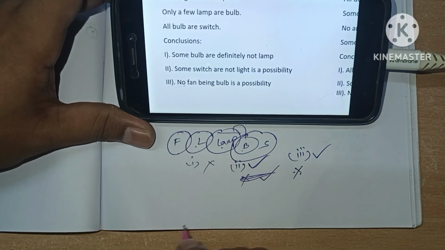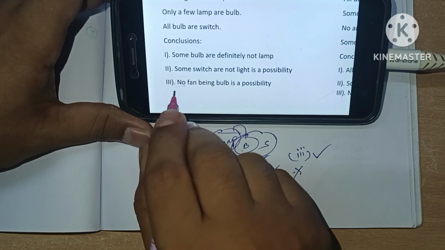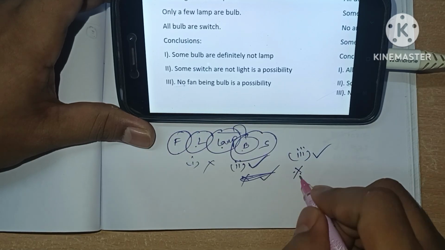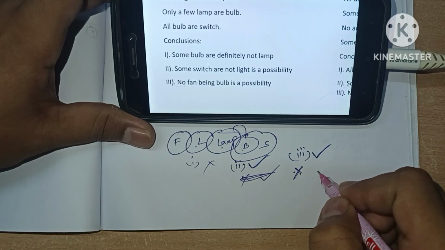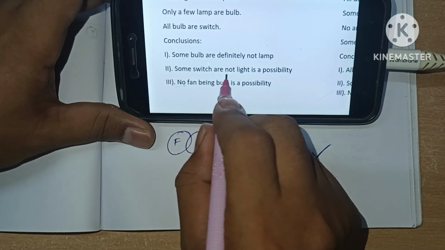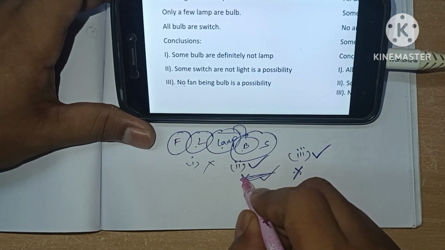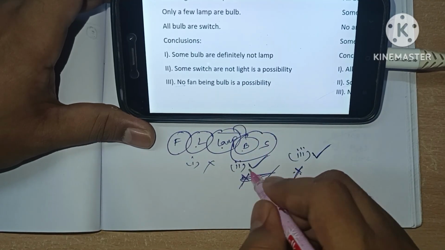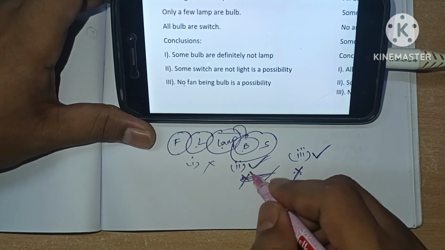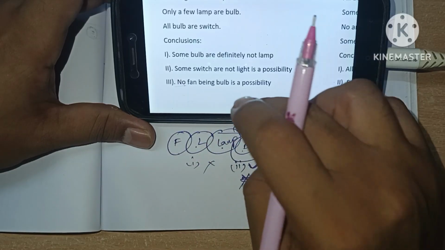If no fan being bulb is false and saying possibility, then our conclusion will be true. Here also some switches are not lights. It becomes false, and saying possibility, so our conclusion becomes possible. True. Next, third question.